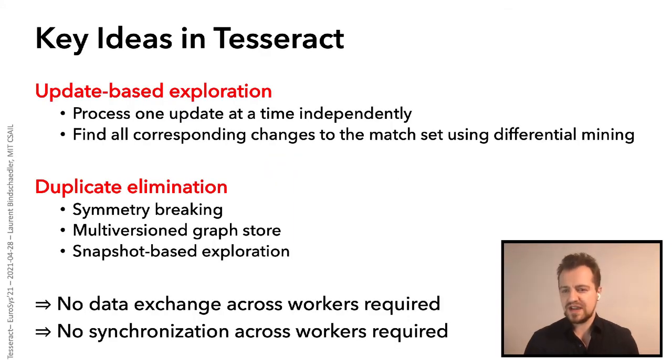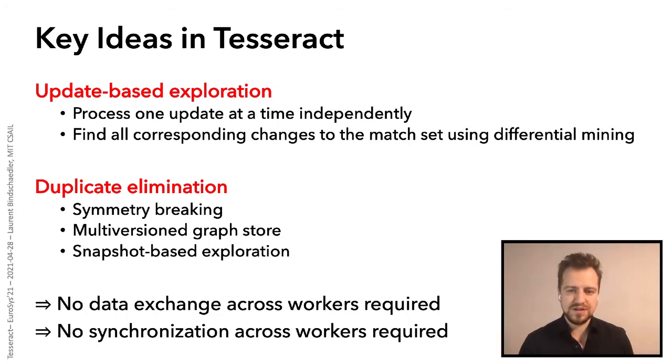Now, there are 2 key ideas in Tesseract. The first key idea is update-based exploration, where we process one update to the graph at a time in isolation and completely independently of other updates. On top of that, we use a differential mining technique to find all the corresponding changes to the match set resulting from this update. The second idea is a series of techniques to avoid exploring duplicate matches.